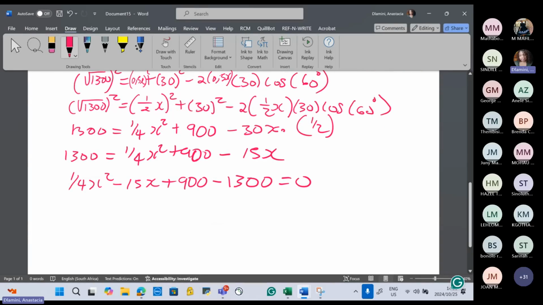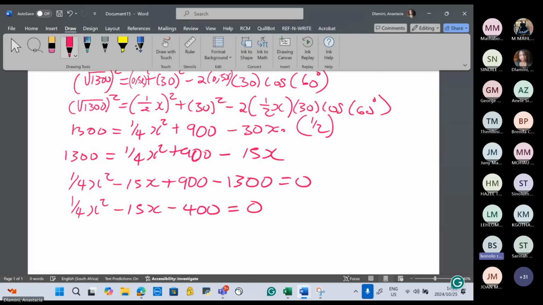You see that we're not using calculators here? Yes, ma'am. Let's use those brains. Then it'll be 1 over 4 x squared minus 15x plus 900 minus 1300, which is minus 400.